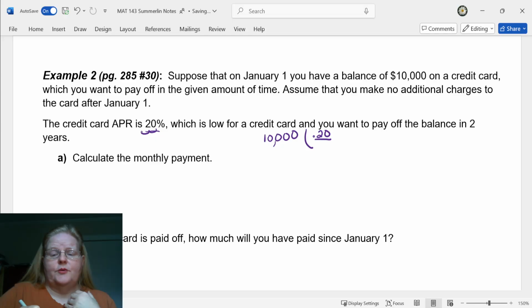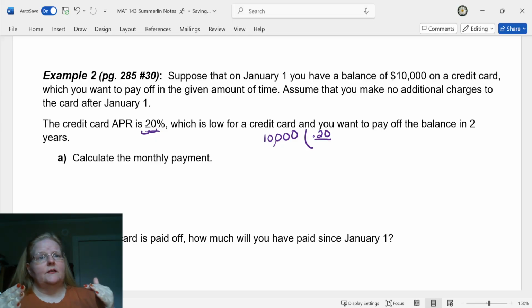Remember, you go back 2 places. So with percentages, it's really easy to mess up on credit cards and want to do 0.020 instead of 0.20. So make sure you're really careful with credit cards. They're very high interest rates. And 20% is really low for a credit card, by the way. Usually they're between 23 and 25%, somewhere up to 30 and 33 in some of them.